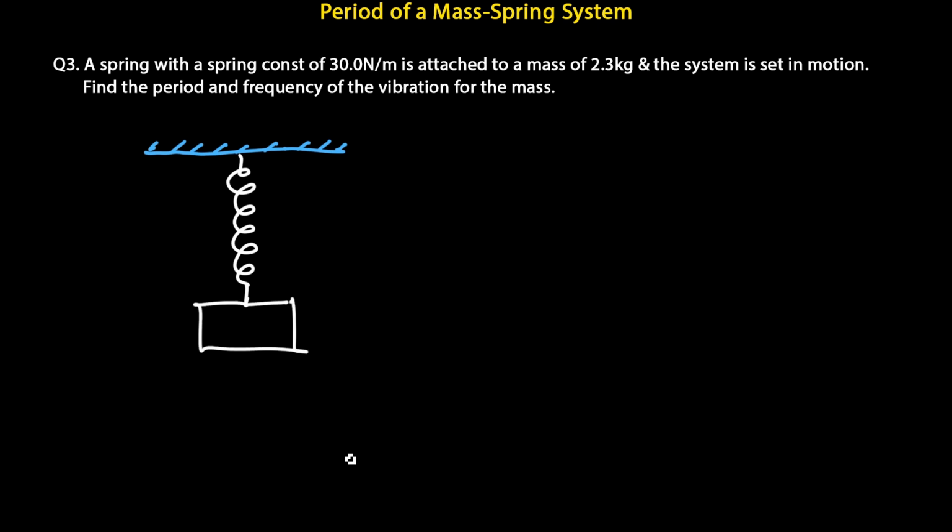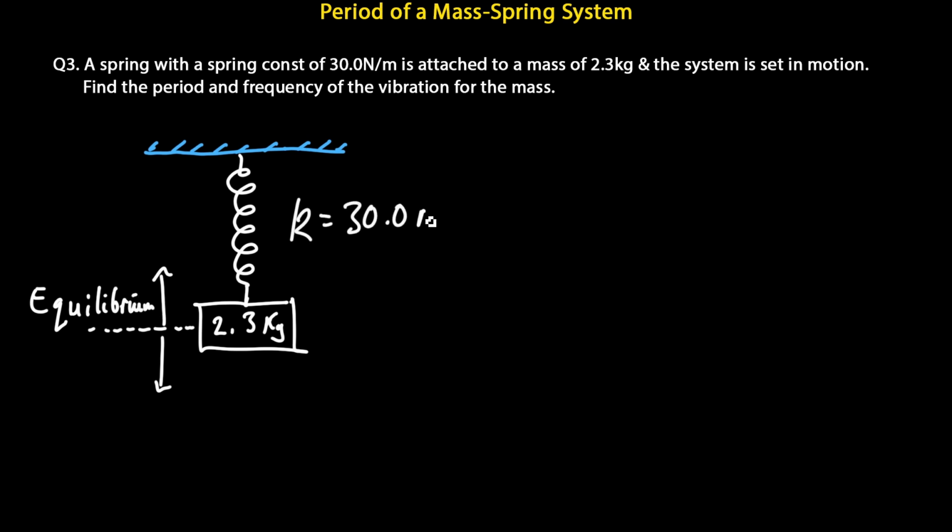So I'm going to draw this up again, and it doesn't matter whether our spring mass system is in a vertical position or horizontal position, but I'm going to draw it in a vertical position here. We've got 2.3 kilograms oscillating about this equilibrium position, and we've got a rather stiff spring with a spring constant of 30.0 newtons per meter.